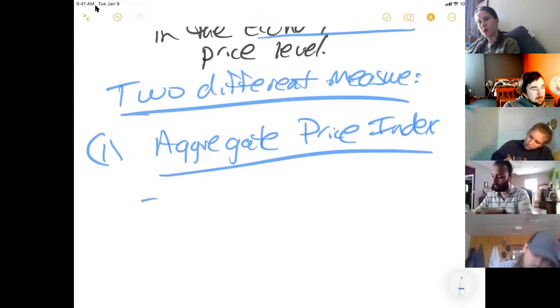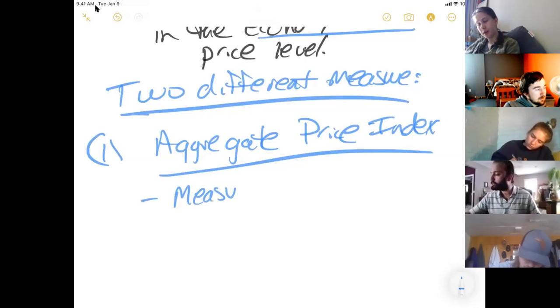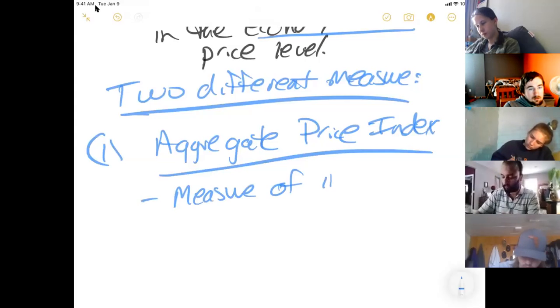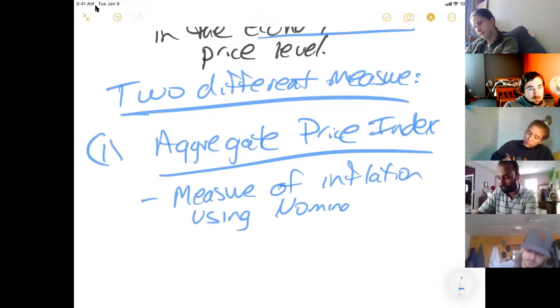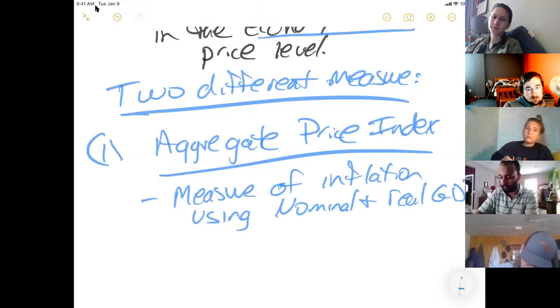The aggregate price index is basically a measure of inflation using nominal GDP.